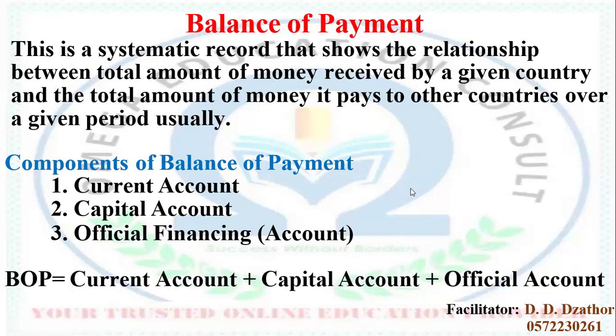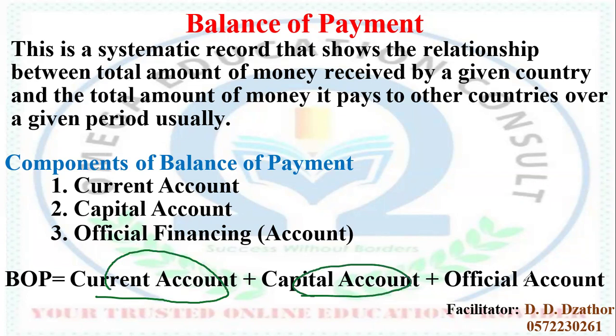Right. Now, the formula for balance of payment is this. So balance of payment, BOP, always write in full, is current accounts plus capital accounts plus official financing accounts. That is the formula for computing balance of payments.